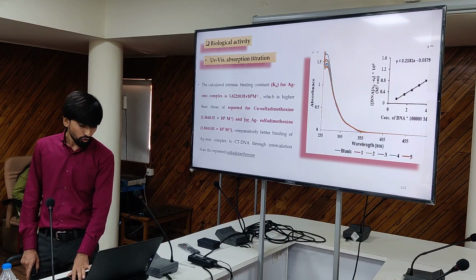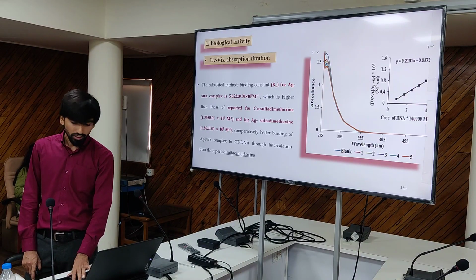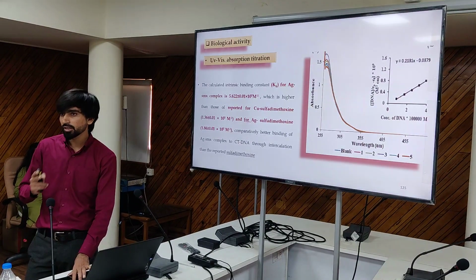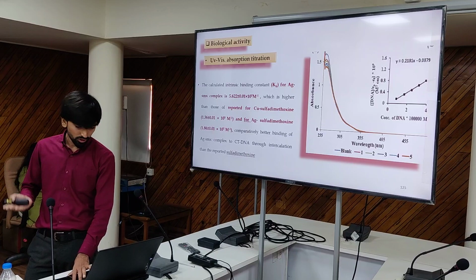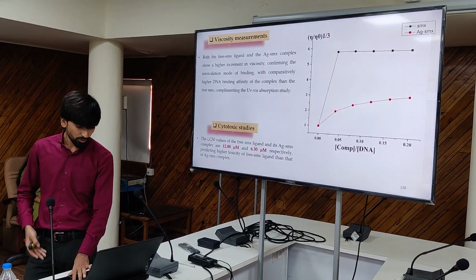Compared with copper sulfadimethoxine and silver sulfadimethoxine, it is 1.3 and 1.8. So this is the highest binding affinity, in the case of AgSMX, and this may be because two sulfurs are taking part. Two sulfurs are present in that molecule, and sulfur has a higher charge compared to the other atoms, so maybe it takes part in the interaction more.